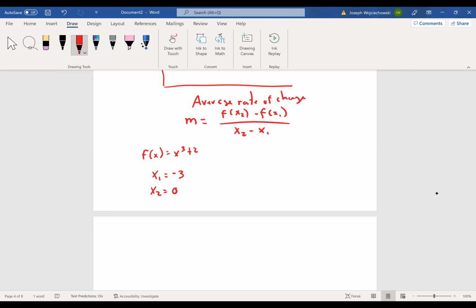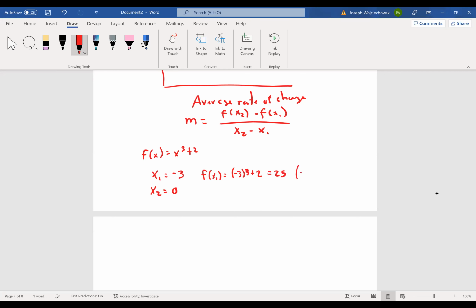In order to do this, we need to calculate f of x1, which is -3 cubed plus 2, which is -27 plus 2, or -25.